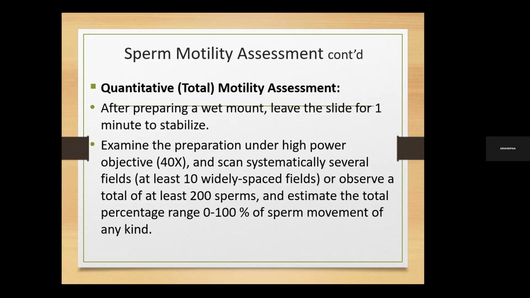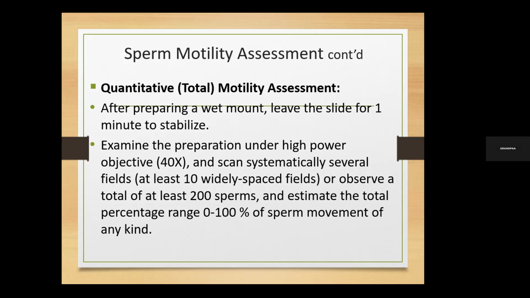Just a normal slide prepared, examine under times 10, and then you scan the field and examine at least 10 fields. What it means is that you don't look at the field from one point and then do your reporting. I'm sure that's what some people do, but you don't do that.